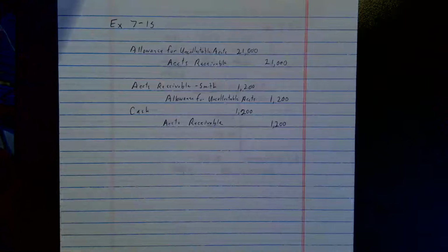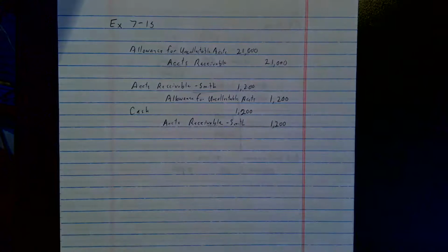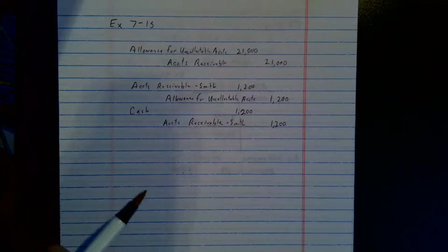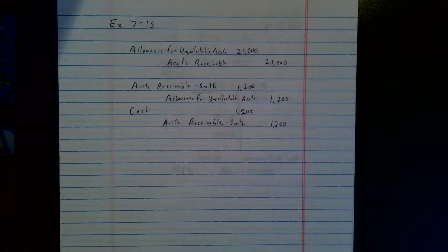So lots of times it'll be accounts receivable like Smith, a specific accounts receivable. So you need to show that they're now back in good standing and they paid off their accounts and that sort of thing.